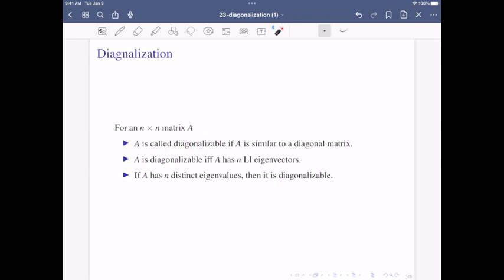In other words, if A is similar to some diagonal matrix, so you can write A equals P D P inverse, then it is diagonalizable. And if A has n distinct eigenvalues, then it is also diagonalizable.